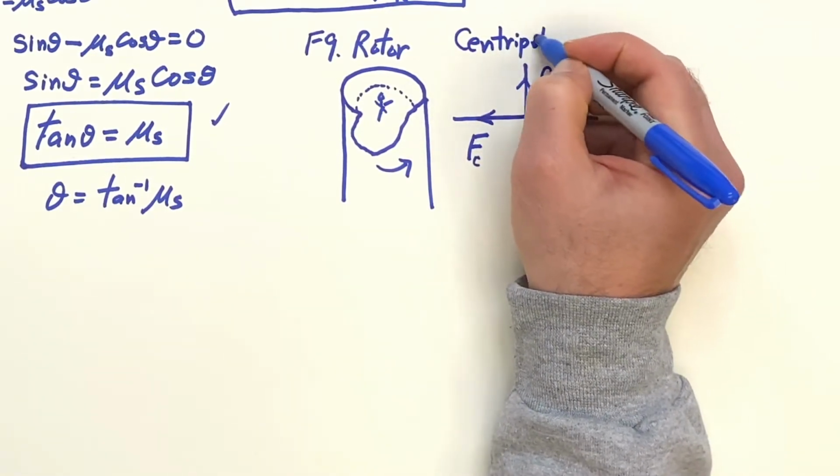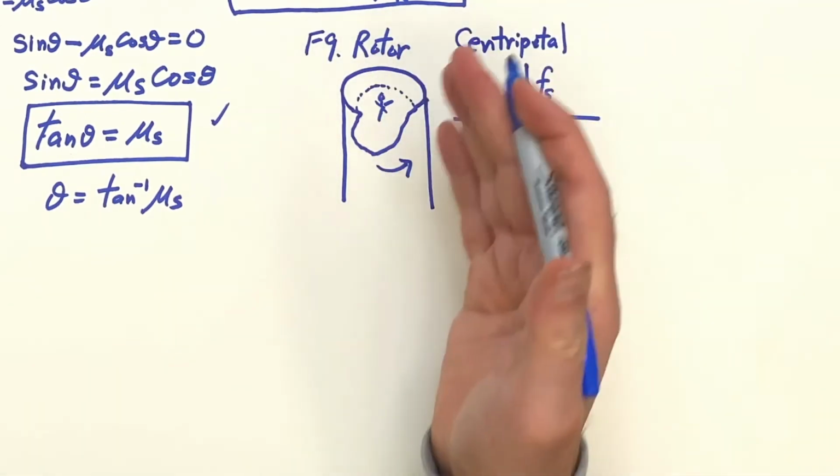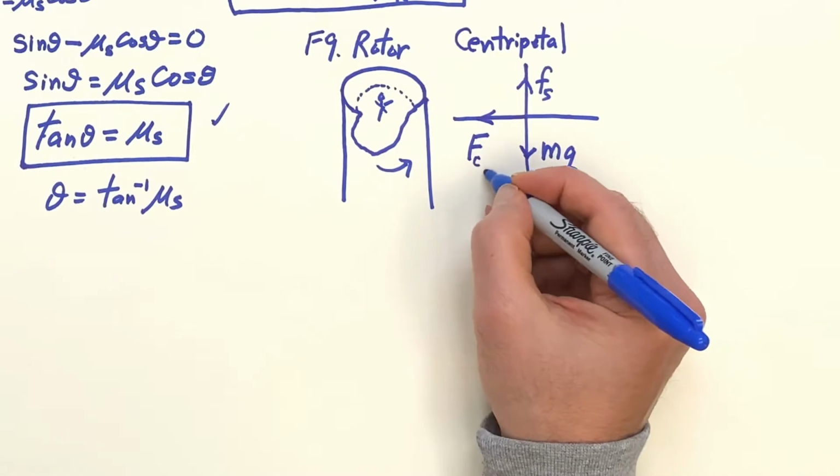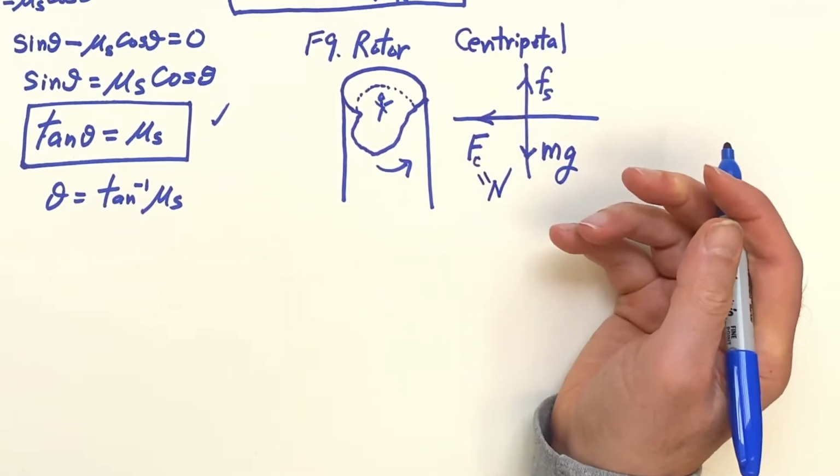Centripetal. That's what we call the force that's directed toward the center. We have circular motion like this, the centripetal force. It's also the normal force.